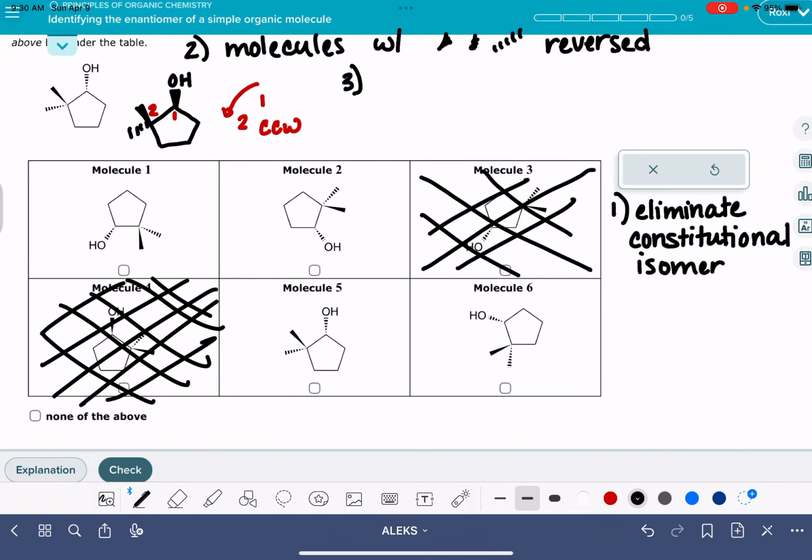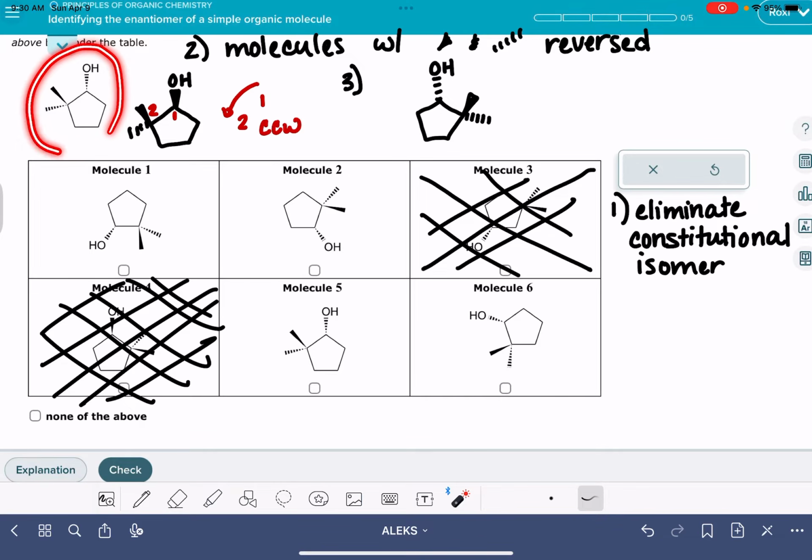Okay, so the third thing that I'm going to look for is the other method that we have for drawing an enantiomer, where we do not change wedge versus dash, but instead we change the relative position of the substituents in the molecule. So basically a true mirror image. Looking at this versus this, I've kept my OH on the dash. I've moved the 2 methyl groups from the left side of the molecule to the right.